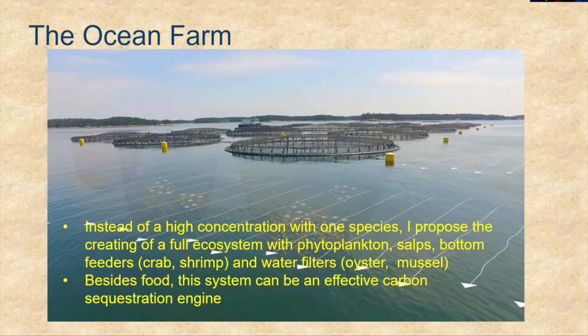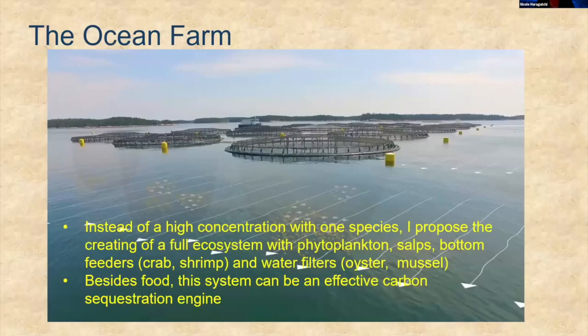Whenever the salps eat the phytoplankton and produce their fecal pellets, the bottom feeders will eat the fecal pellets, and then the water filters, which are the oysters and mussels, will eat the things around in the ocean farm. Not only can this system be used as a carbon sequestration engine, but it can also create food for us.